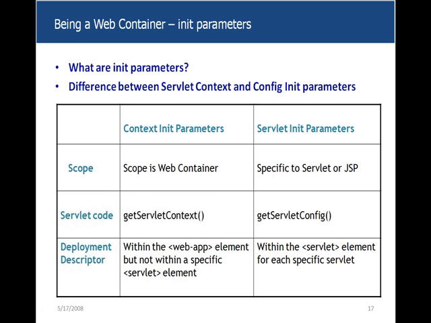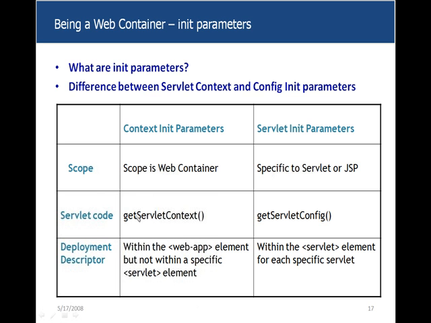When you write a context init parameter, you put it under the main web app element and not inside any servlet element tag. But when you write an init parameter for a servlet, you have to put it within a servlet element tag.